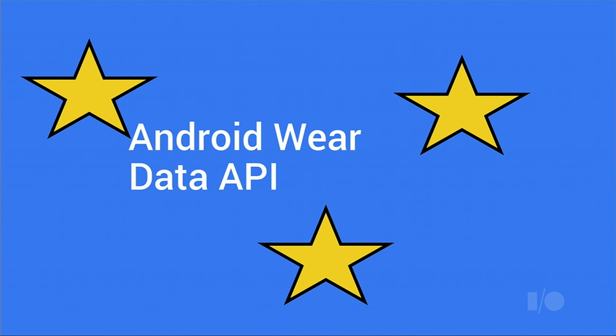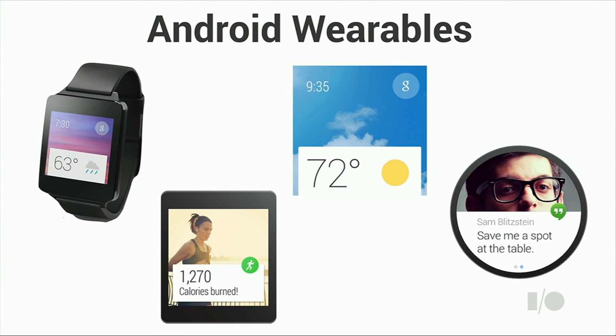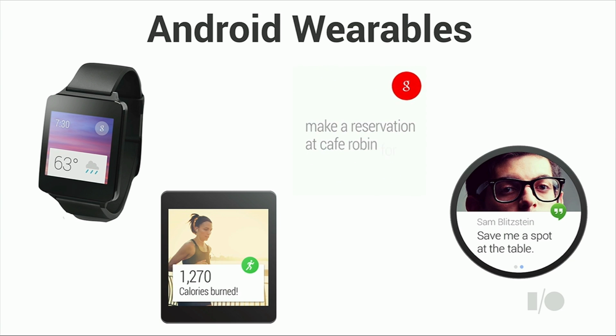Ladies and gentlemen, let's introduce a new API to Google Play Services, namely the Android Wear Data API. With a round of applause. Here we go. You've seen Android wearables being launched at the keynote today, and this is big stuff, right?